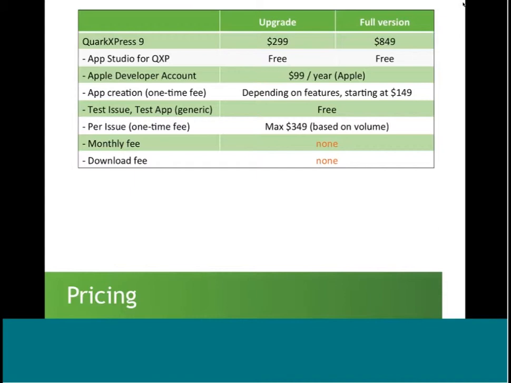It's something that you can just customize by adding your own colors and your own logo. And that's a one-time fee. Depending on which one you choose, when you open up the App Studio Factory, the starting price for that is $149.